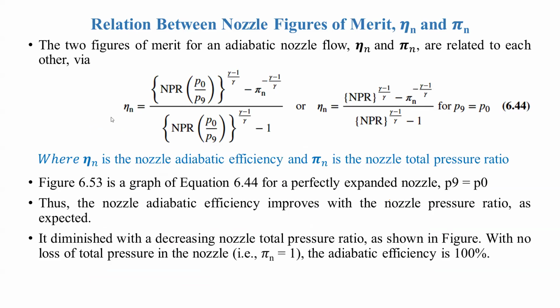Here mu n is equal to the nozzle pressure ratio times P naught over P9, so this is 1 now. For P9 equal to P naught, it is 1. Here also 1. So the relations are given in this equation.